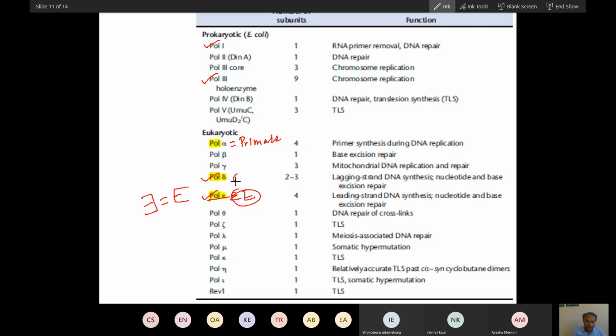Delta is equivalent to DNA polymerase 1. Here primase is polymerase alpha. Just remember this much; you will slowly understand the others. So we have different types of DNA polymerase, though their function is similar to bacteria.